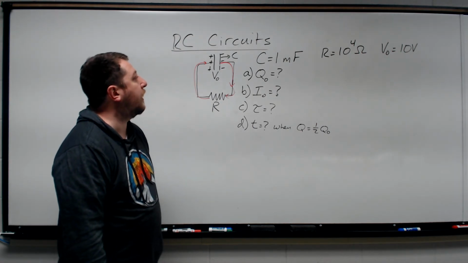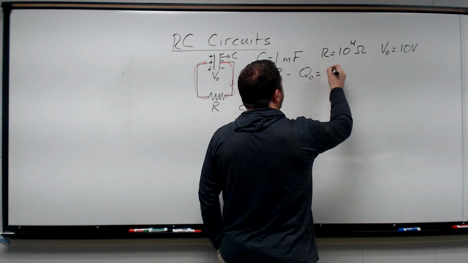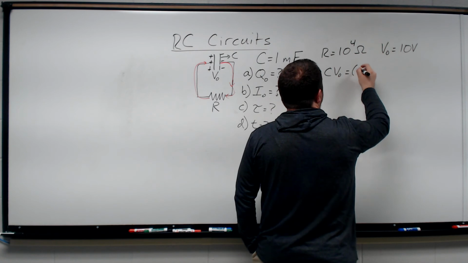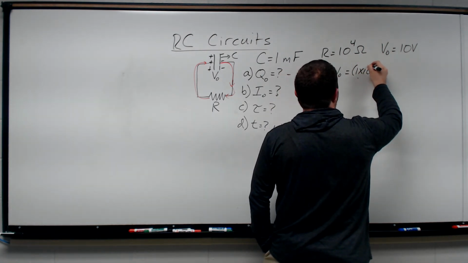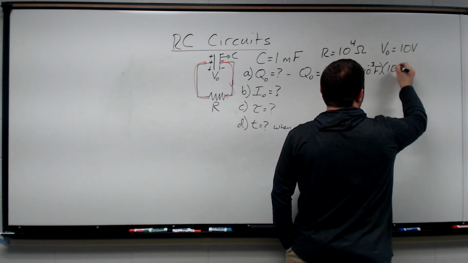So Q naught, remember Q naught is going to equal C times V naught. So this is 1 times 10 to the -3rd farads times 10 volts.